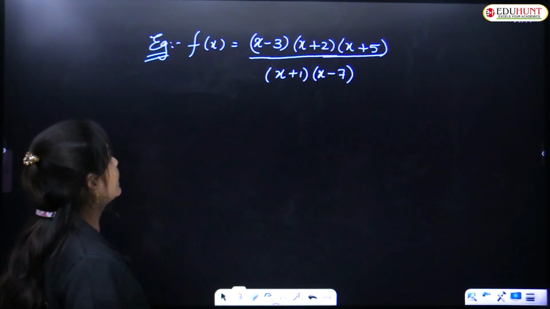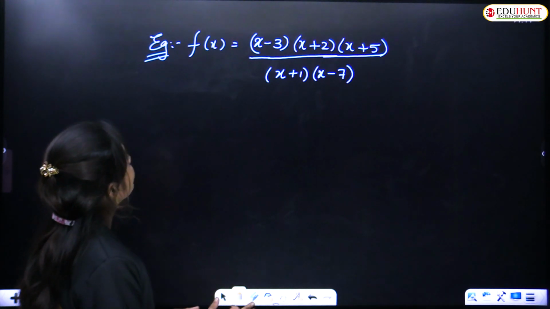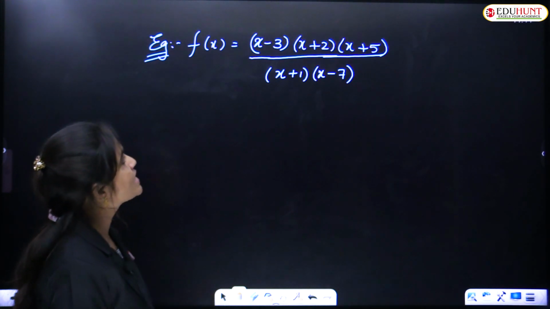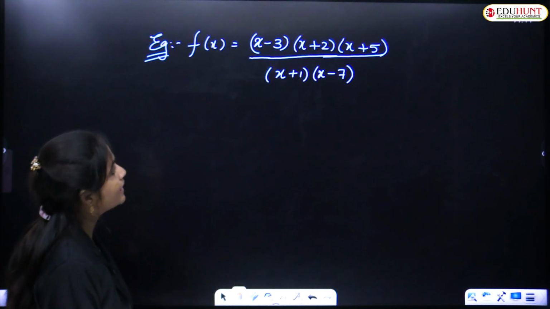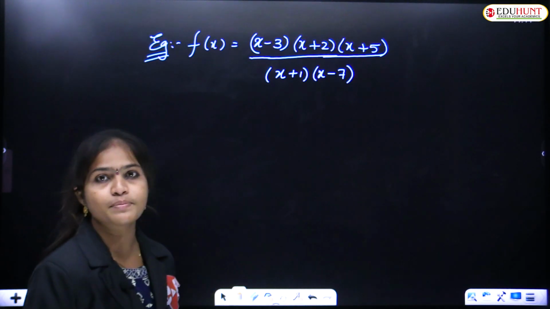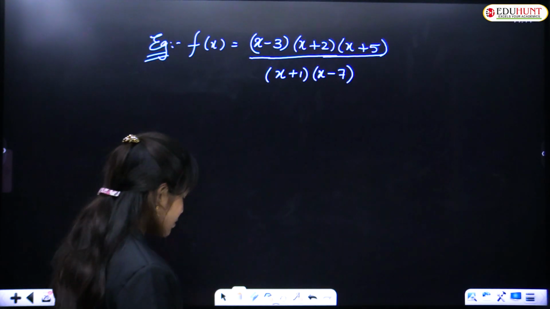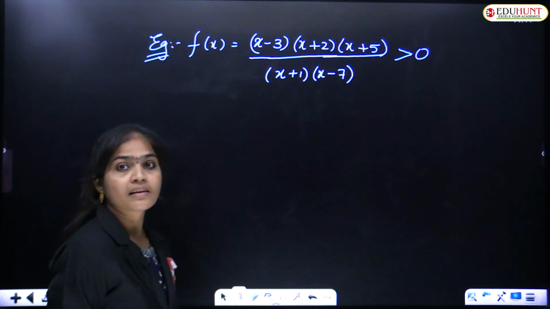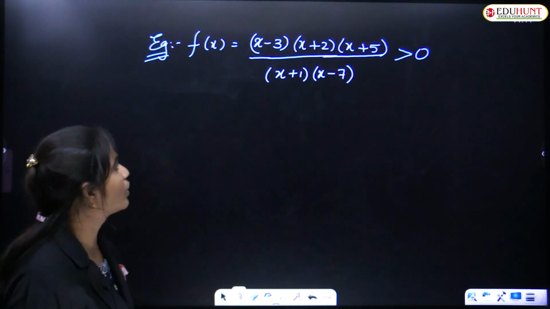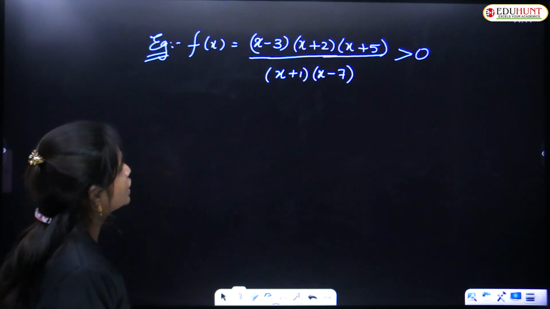So children, see here the next example. Let f of x is equal to x minus 3, x plus 2, x plus 5 by x plus 1 into x minus 7. Okay, so this is greater than 0. The condition here is greater than 0. Okay, so how to check that?